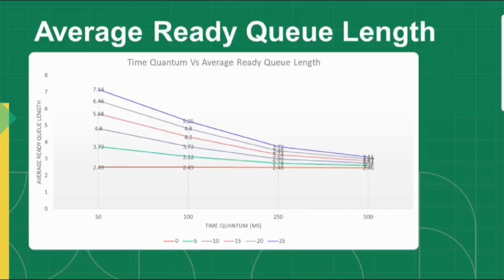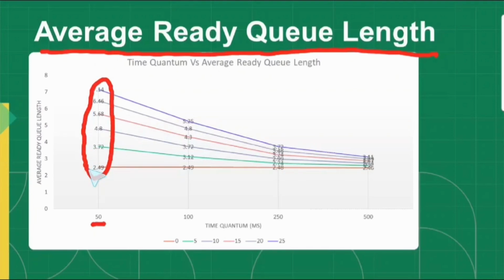Figure 3 is all about how crowded the ready queue gets. This is the average ready queue length. Smaller time quantum values mean more processes waiting in line, like a traffic jam. Every time a process gets preempted, it's sent back to the queue, which makes the line longer.